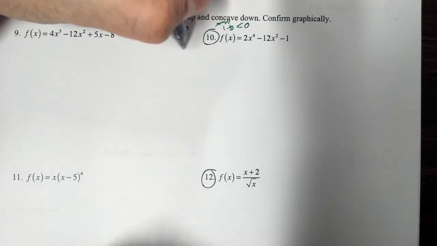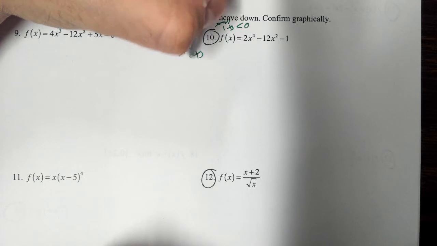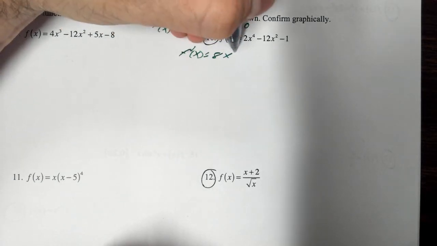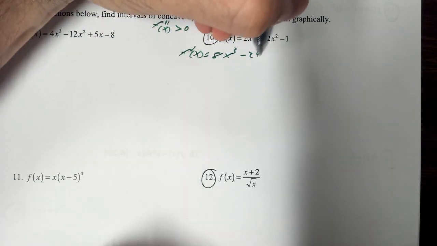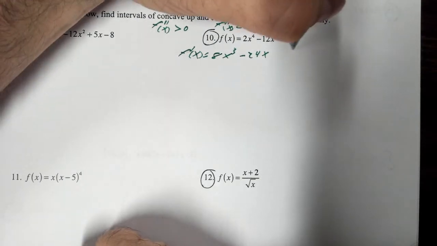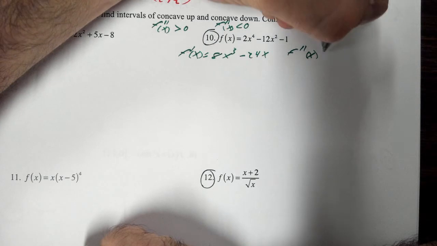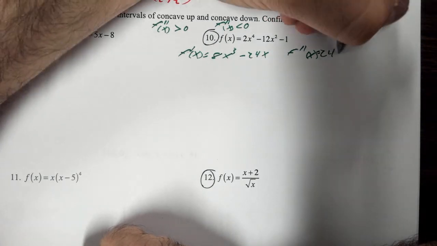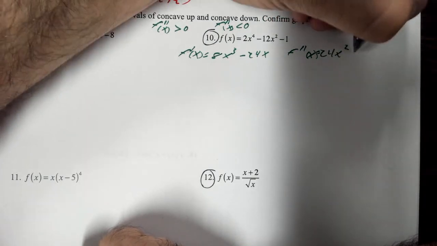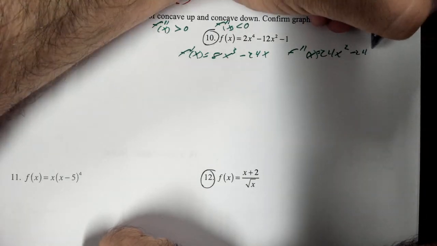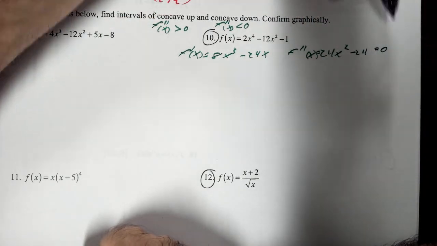So f prime of x here is 8x cubed minus 24x. Then f double prime of x is 24x squared minus 24. We know when that equals 0.